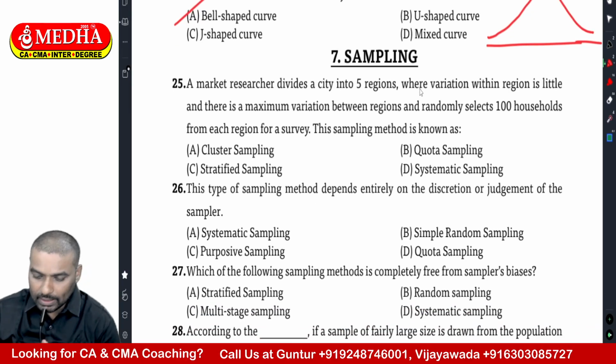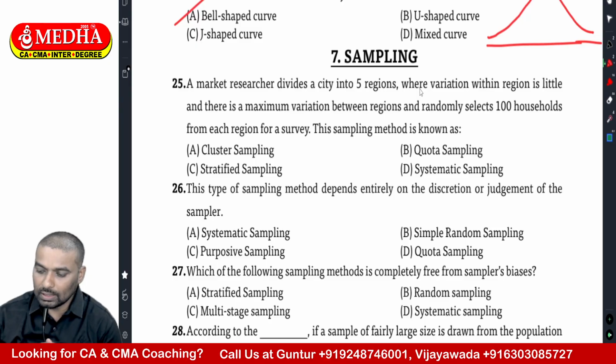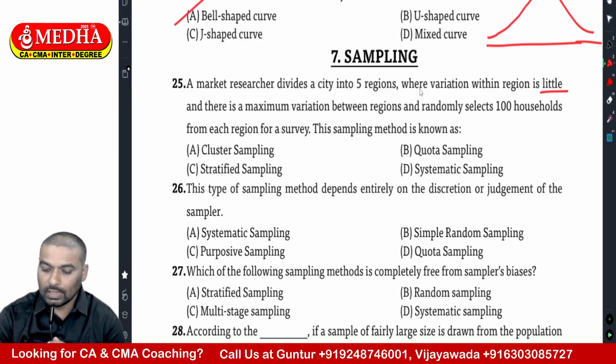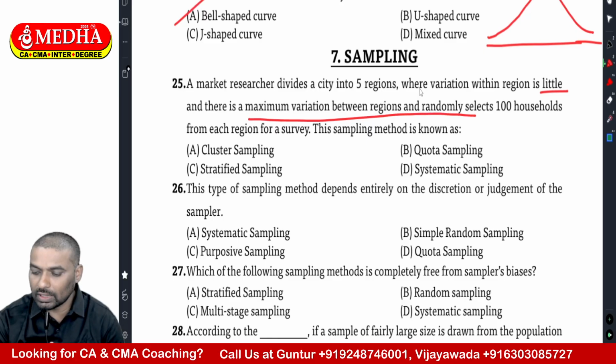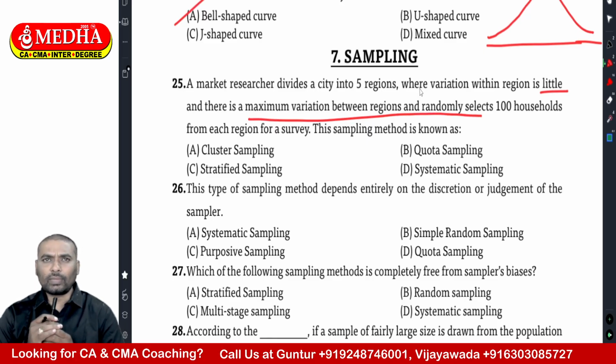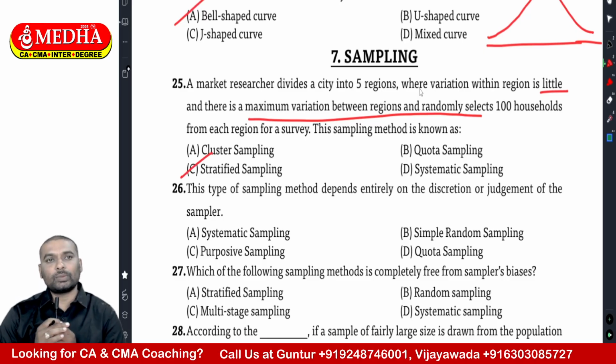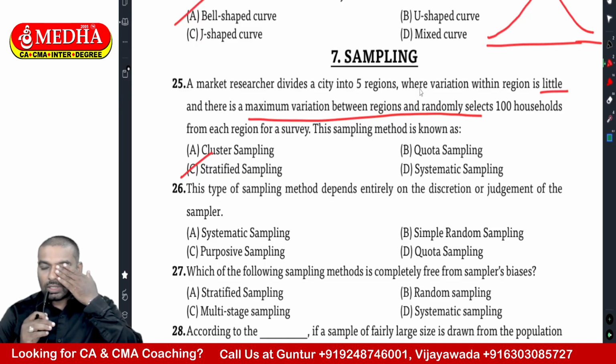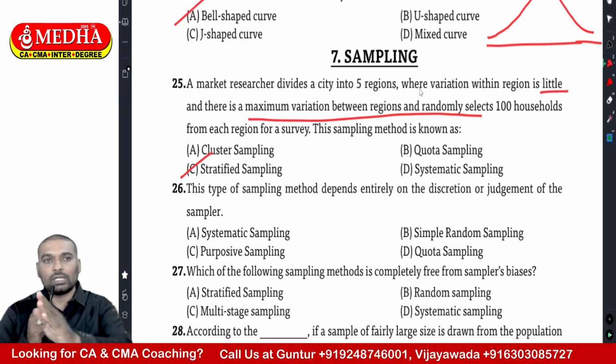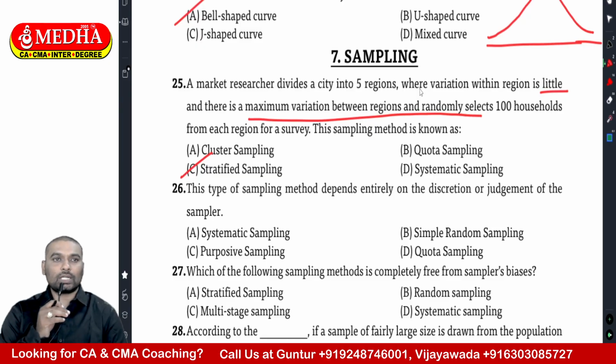Next, a market researcher divides the city into 5 regions where variation within the region is little and variation between the regions is maximum. So this one is stratified random sampling. In stratified random sampling, the large and heterogeneous population is divided into subpopulations. Each subpopulation is called a stratum.